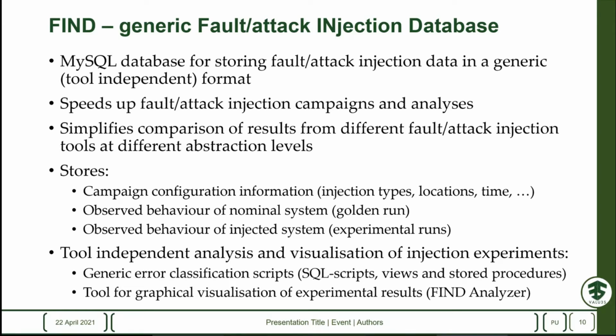Now, connected to this database are various tools that help us analyze and visualize the fault injection experiments. So these include generic classification scripts like SQL scripts, views, and stored procedures, but also a tool for visualizing experimental results, which we call FIND Analyzer.